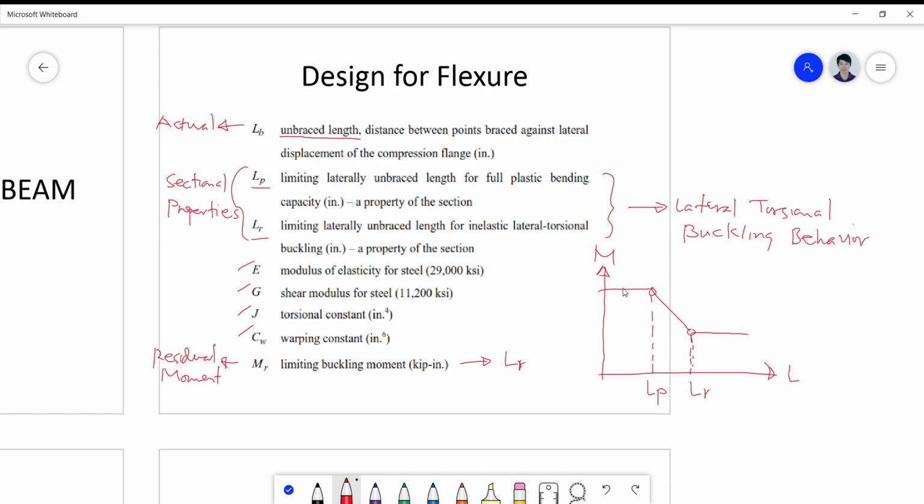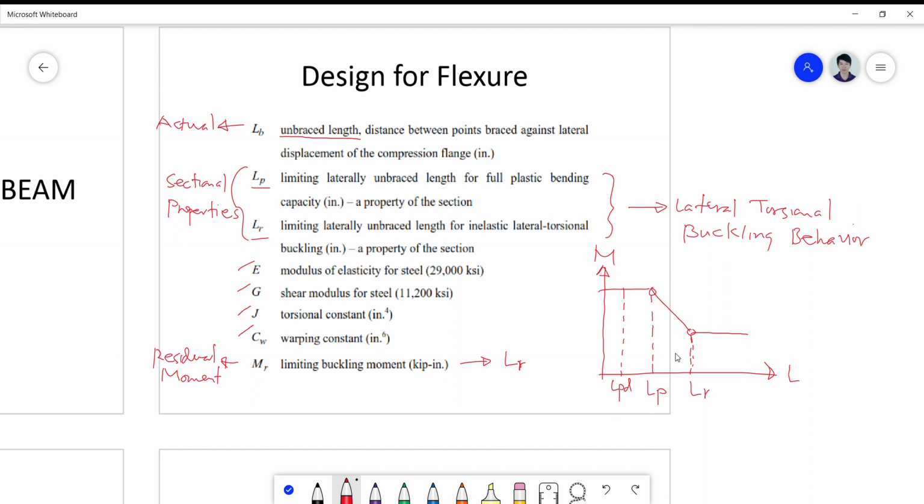There's also a point here, Lpd, which exhibits a limiting value for your lateral support length that will allow the beam to achieve full plastic behavior when this value has not been exceeded.